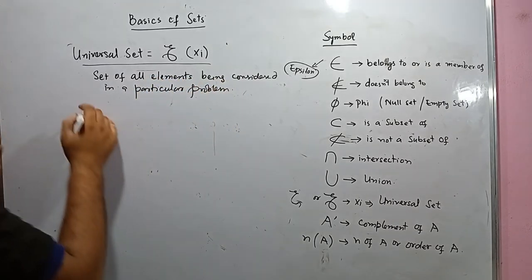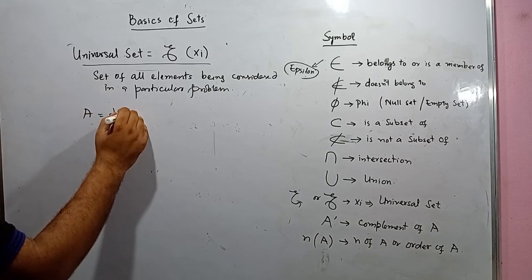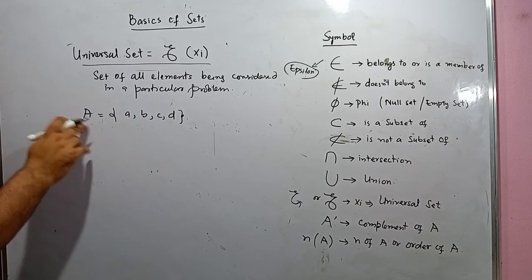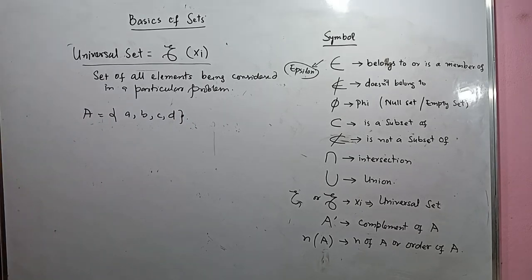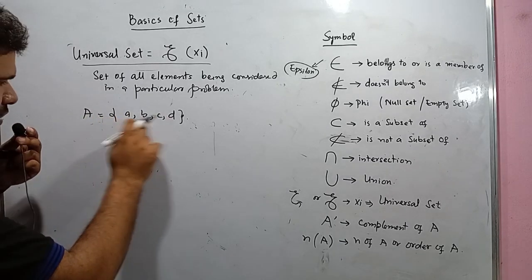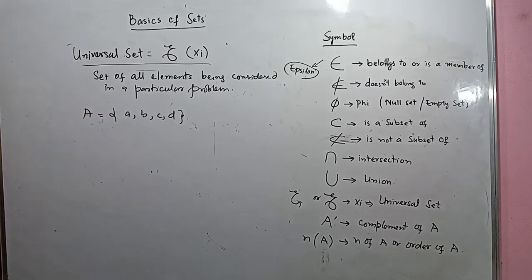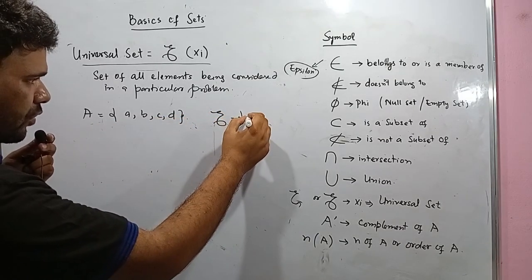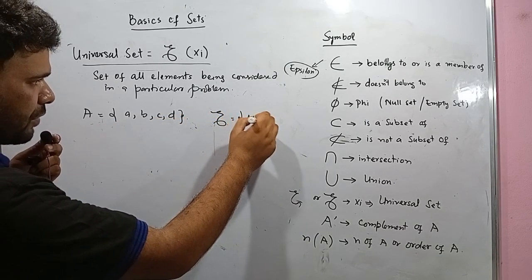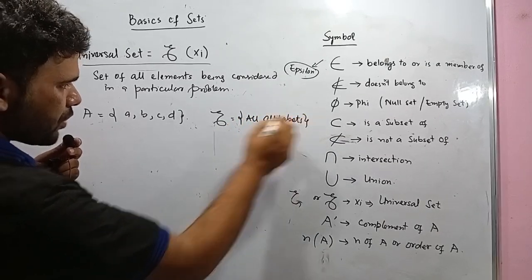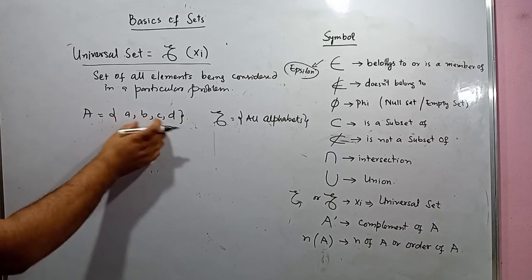Now how to understand this? If I am writing A is equal to A, B, C, D. Here you can see A is the set of first four letters of English alphabets. Here the universal set will be all alphabets, because we are talking about the letters of alphabets.